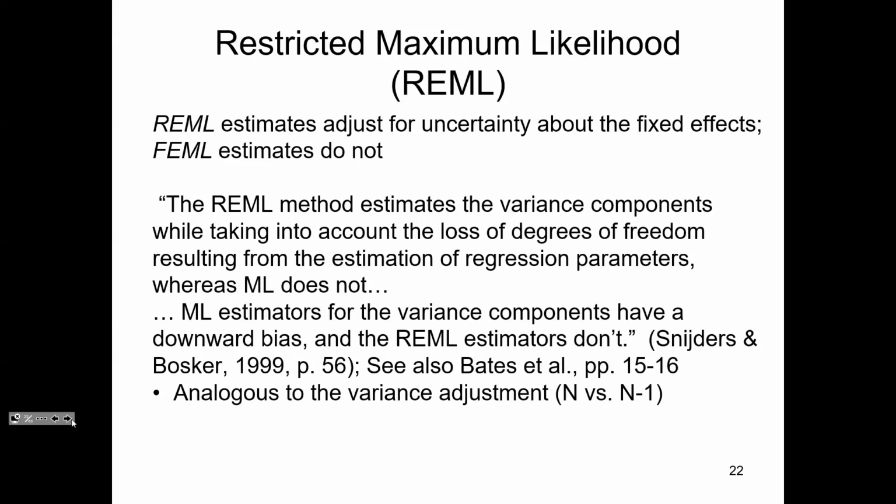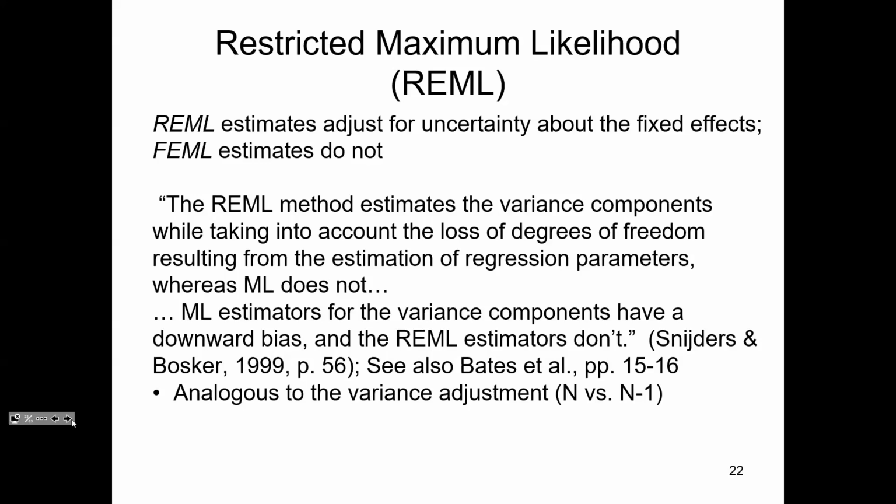We know that asymptotically, in the population, the maximum likelihood estimator for the variance, in a simple model where we're estimating the variance using maximum likelihood, is the sums of squares divided by n.